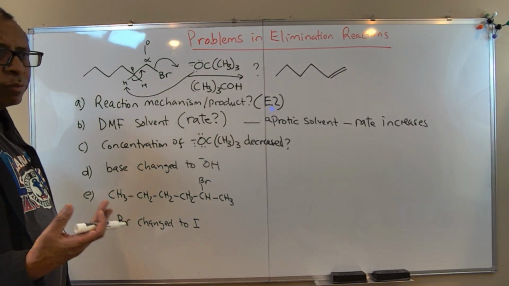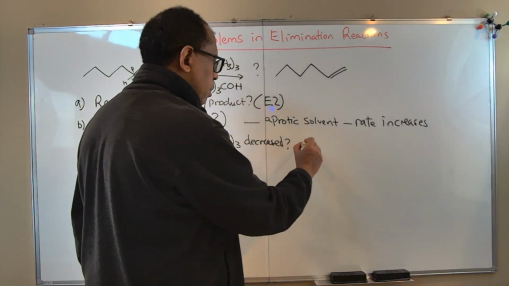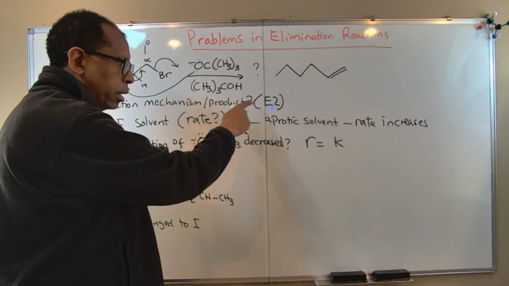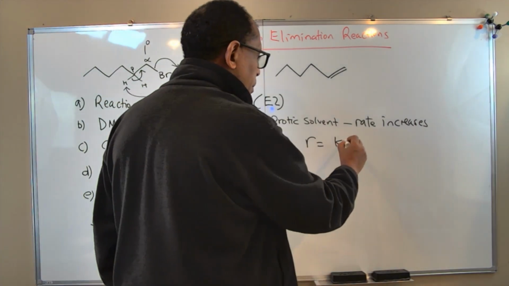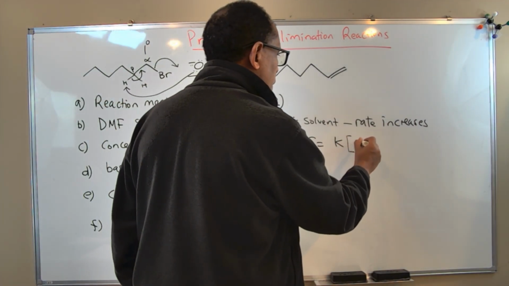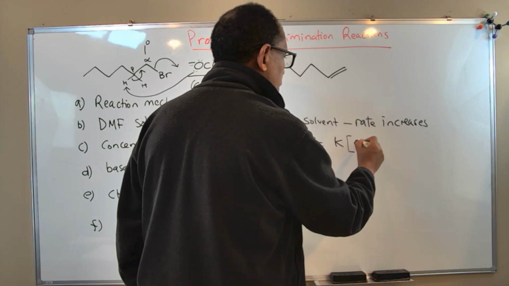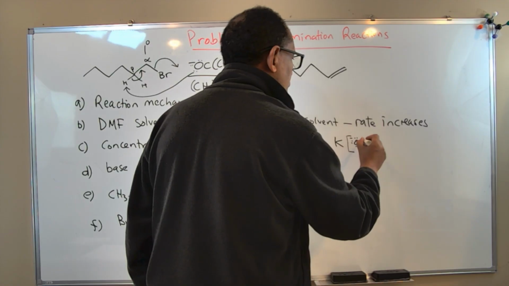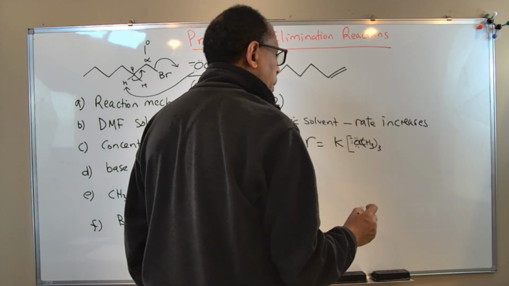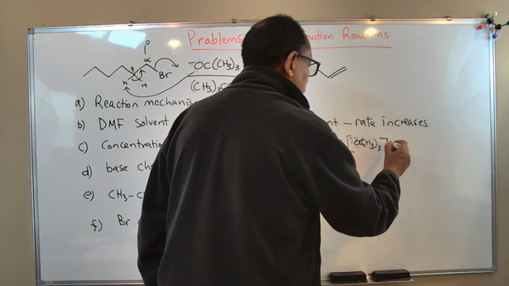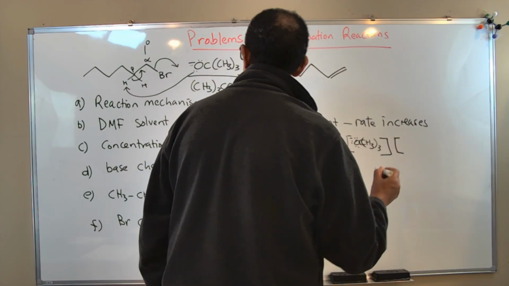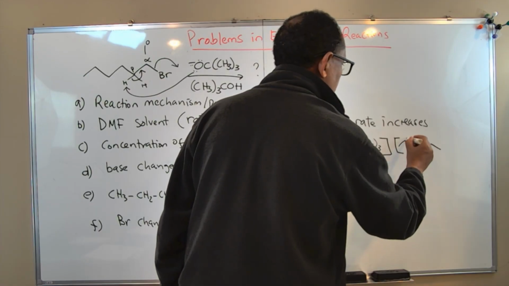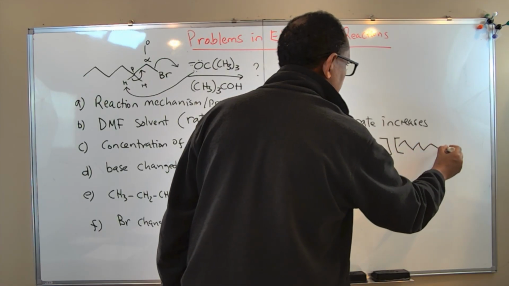What would happen to the rate? First you have to write the rate law for this. Rate equals, this is an E2 mechanism. E2 mechanism involves both the base as well as the alkyl halide, which is 1, 2, 3, 4, 5, 6 Br.